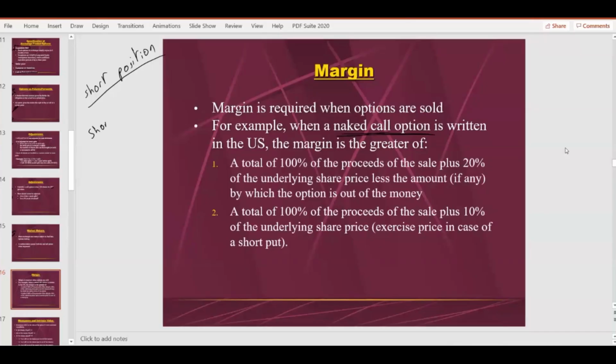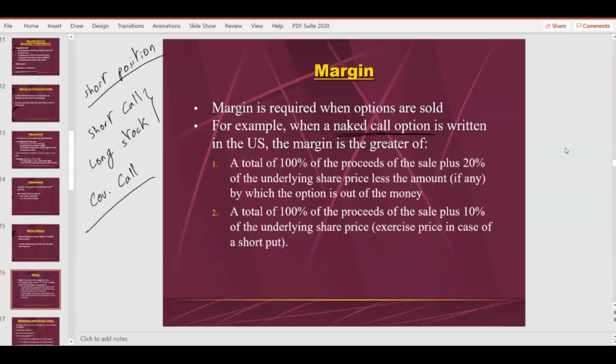So you take a short position in the call without having a long position in the underlying asset or in the stock. If, for example, you had a short call and a long stock, this is going to be called a covered call. In this case, there's no risk if, let's say, you short one contract and you own 100 shares, because you own all the shares that are going to cover your short position in the call.